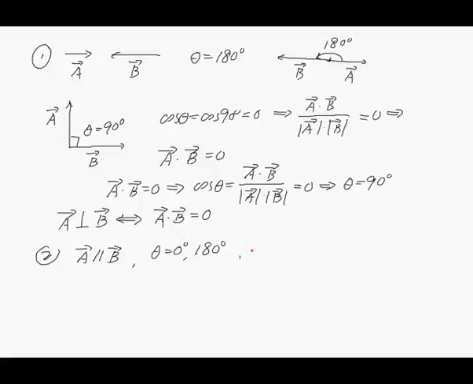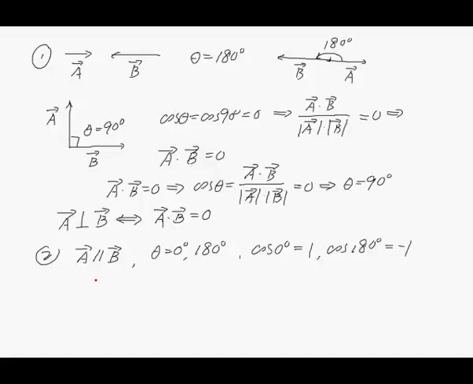So if theta is equal to 0, you have cosine 0 degrees equal to 1. If theta is equal to 180 degrees, then you have cosine 180 degrees equal to -1.